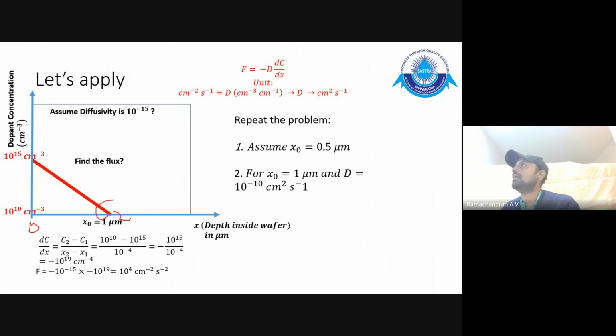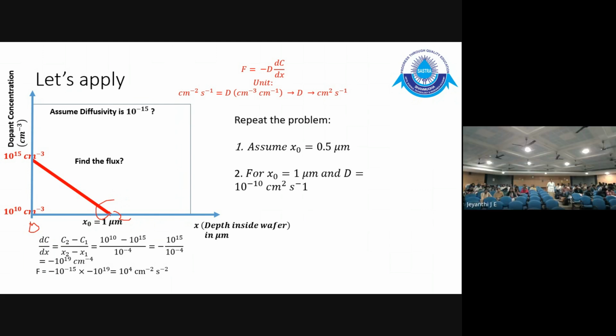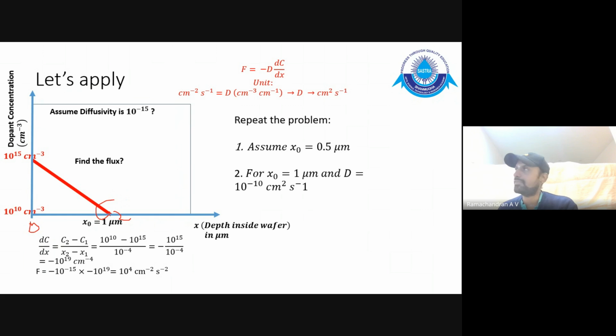Now my question is, if diffusivity is 10 power minus 10, what would have happened? Will the flux increase or decrease? Just qualitatively tell me. If diffusivity for this example is 10 power minus 15, and it has become 10 power minus 10, what could have happened to the flux?